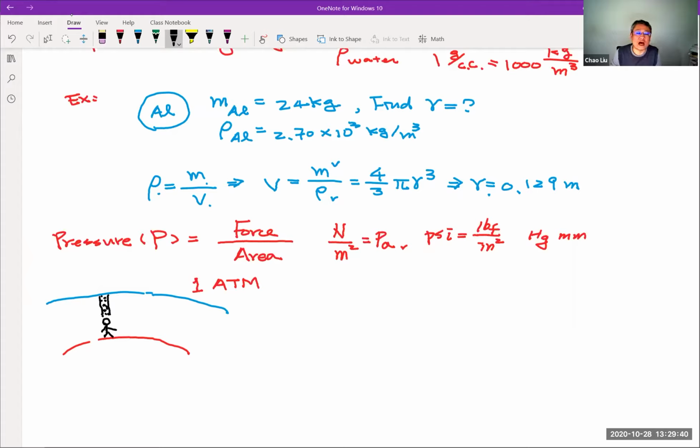For Earth, how do we calculate this? We simply find out the total area of the Earth. Earth is like a ball, and if you know the radius of the Earth, you can find the surface area of the sphere. I believe that is 4 pi r squared, the surface area of the ball.